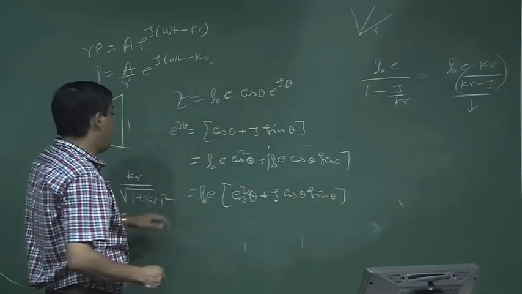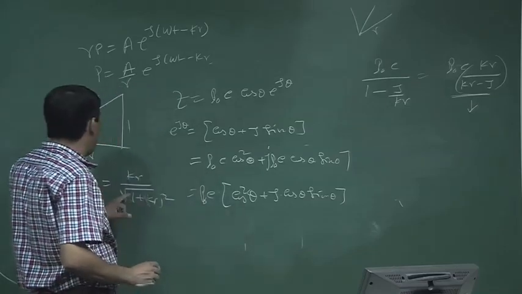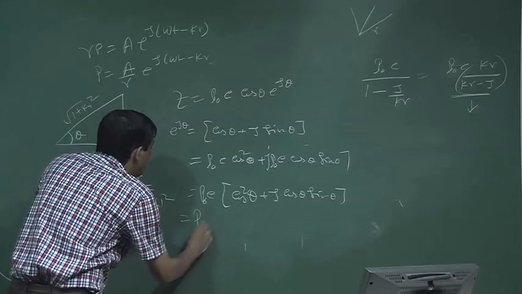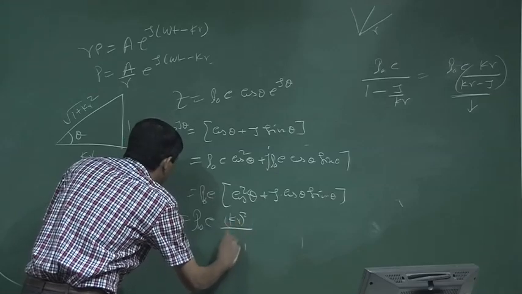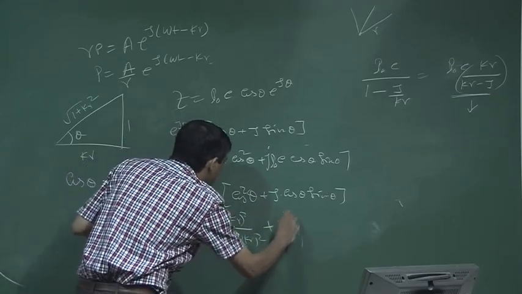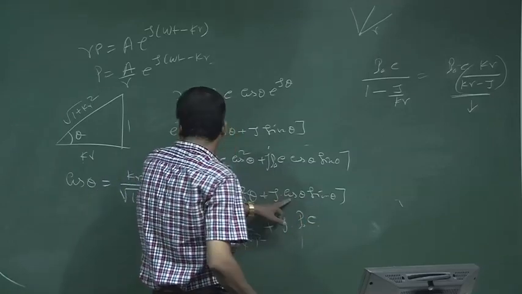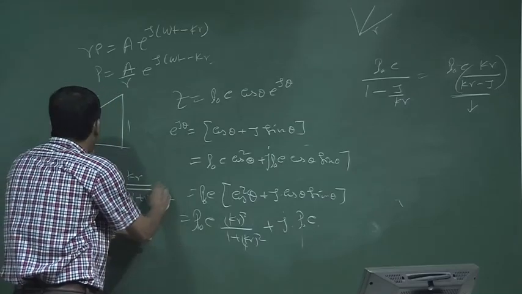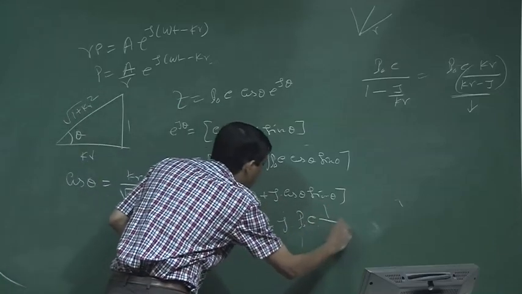Okay. So, what is the value of cos theta and sin theta? I said cos theta is nothing but kr by root over 1 plus kr square. So, I can write rho 0 c kr square divided by 1 plus kr square plus j rho 0 c into kr by 1 plus kr square, and sin theta is 1 by root over 1 plus kr square.